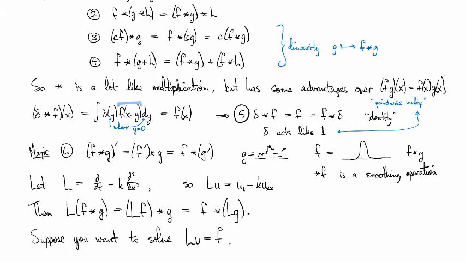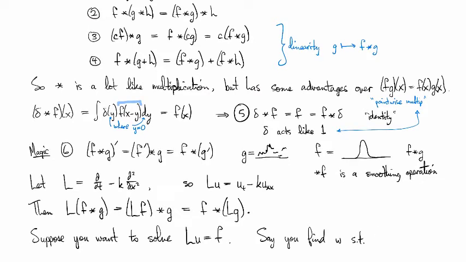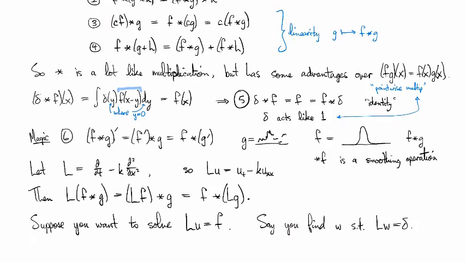So we want to solve this guy right here. And as a first step, we find W such that L of W is the Dirac delta. Okay, well, if we've got that guy, then we're done.